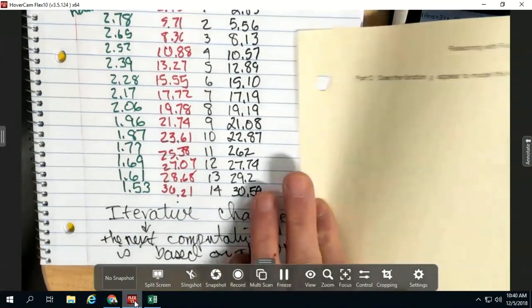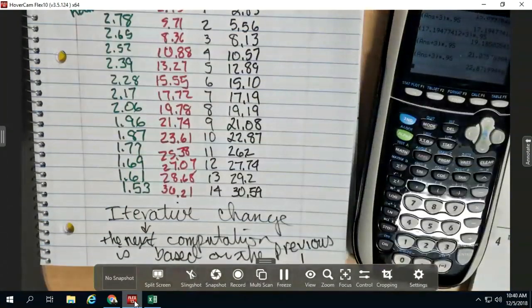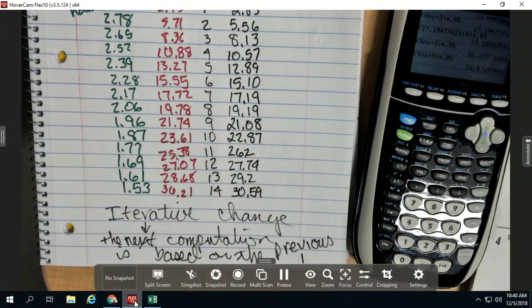We did a lot of work to show you that those two functions are pretty much the same. One of the competencies that we have in this class is to talk about iteration, because when we get to the calculus, we spend a lot of time on sequences and series and how they affect the growth of something.